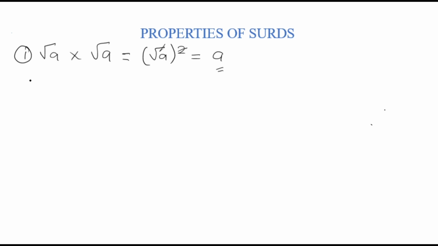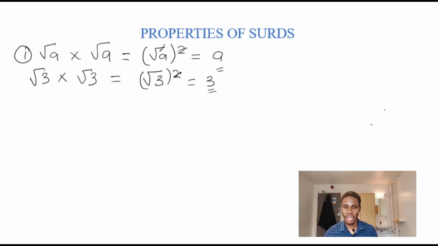We have square root of 3 times square root of 3, and this gives us square root of 3 all squared, and our final answer is 3. This square caters for the square root, and hence our final answer 3.